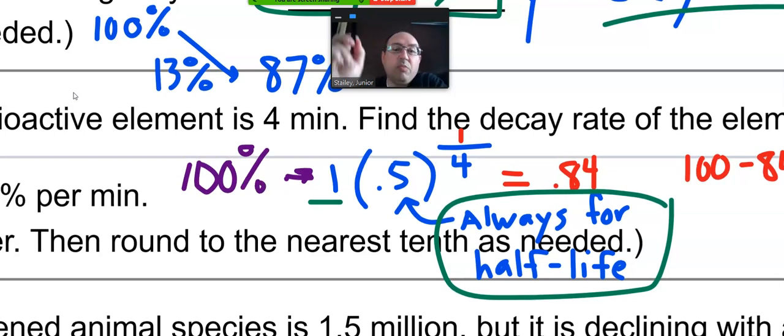It's the decimal form of 100%. So that's what we're starting with. And we have a half-life of 4 minutes. That means every 4 minutes you're losing half the value. So you'd start out with 100%, then you'd go to 50, then 25, then 12.5, then 6.25%, then 3.125%. You're just cutting it in half every time.